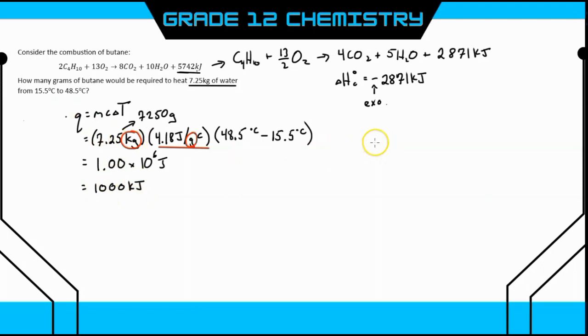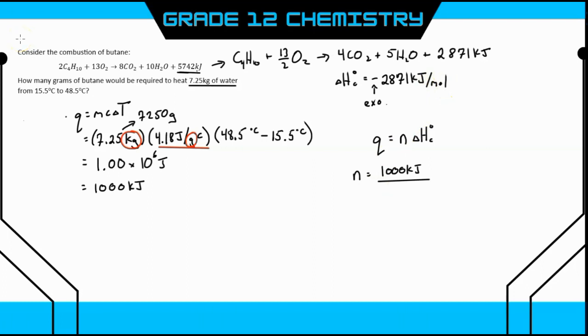So now the question is, that's how much heat is actually given to water to heat it up from a reaction of n number of moles of butane multiplied by the change in enthalpy for combustion of butane. So if we want to figure out the number of moles, we're just going to take Q, which was about 1,000 kilojoules, and divide it by essentially our enthalpy change for combustion, which is, I should write, for every 1 mole, 2,871 kilojoules per mole.